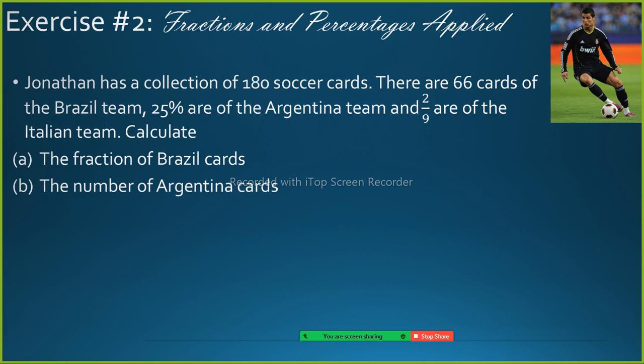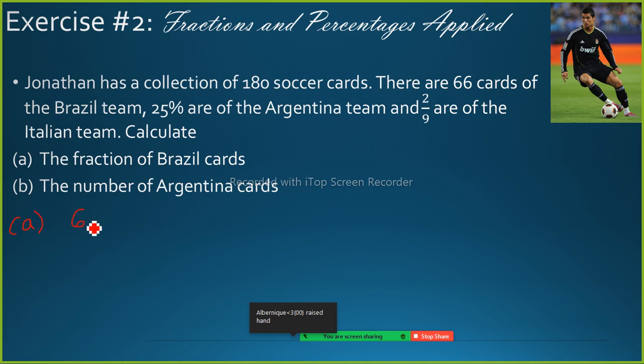All right, that's time. Jasmine, since you wanted us to go over it, what did you get for A? Give me the fraction before you simplify it. 66 over 180.